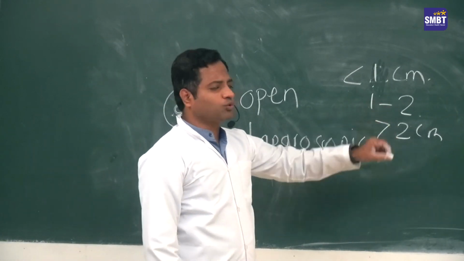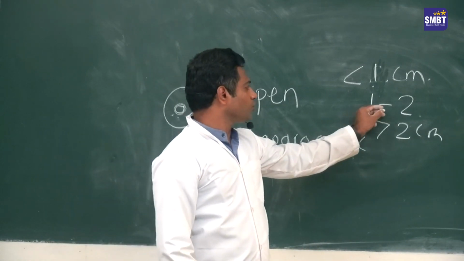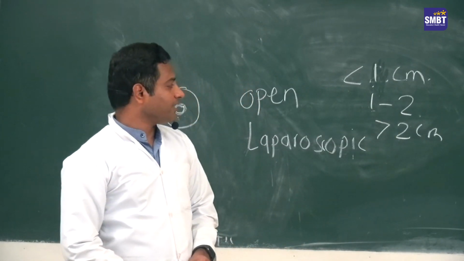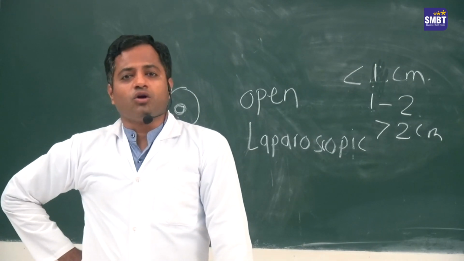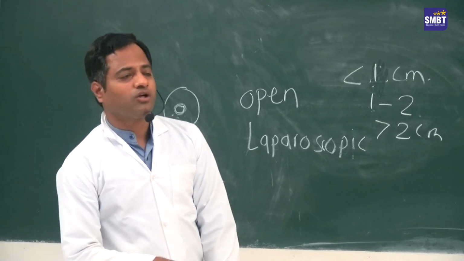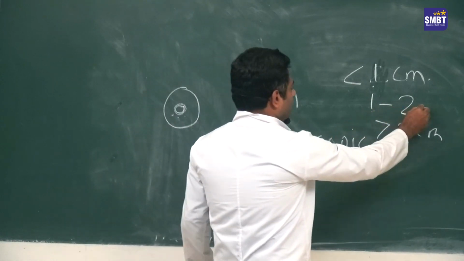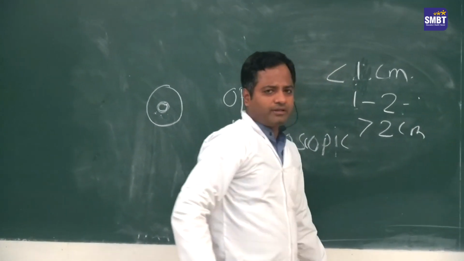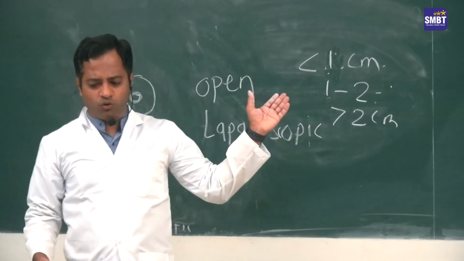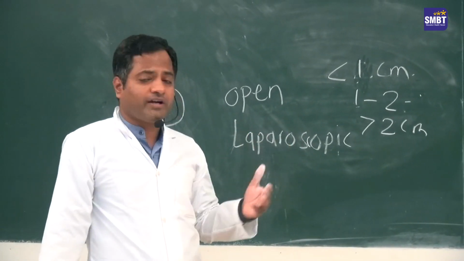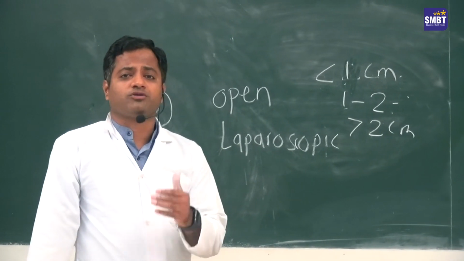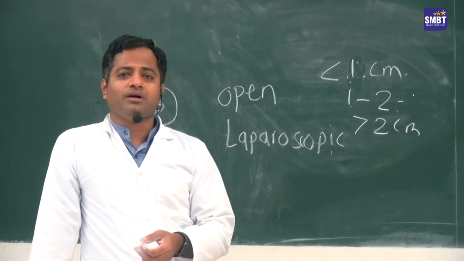If it is 1 to 2 centimeters, then again you can close the defect with non-absorbable sutures in an interrupted way. You can close this 1 to 2 centimeter defect with interrupted non-absorbable sutures, or you can do a darning.